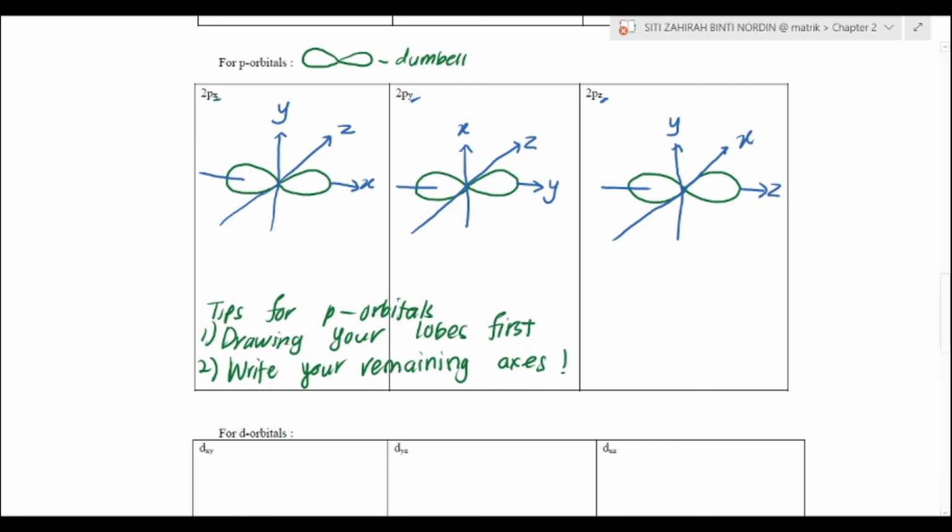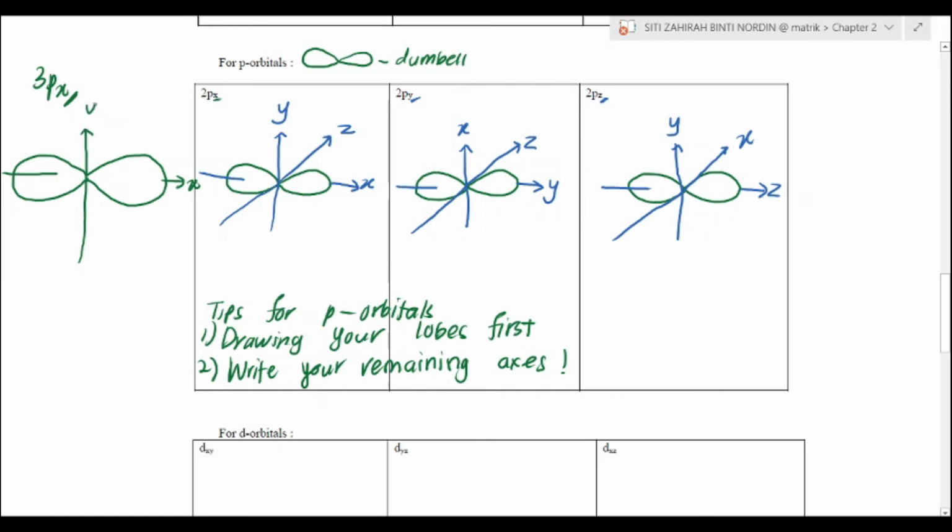Okay, so what is the difference between 2px and 3px? Yeah, the size of the dumbbell shape for 3px would be much bigger than 2px, but still the axis that pokes would be x because it is 3px, and the vertical axis, okay, it can be either y or z.